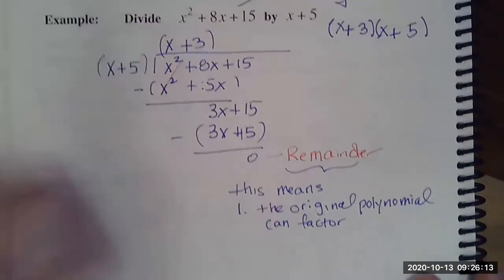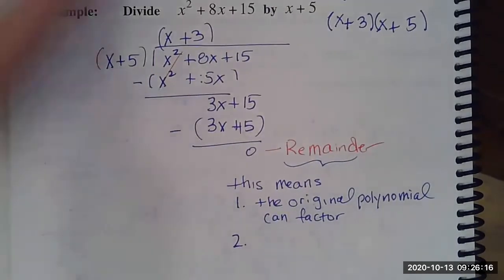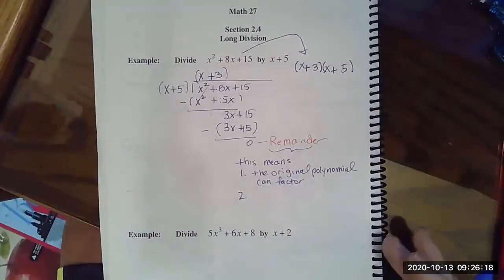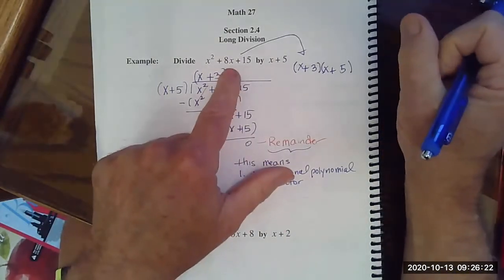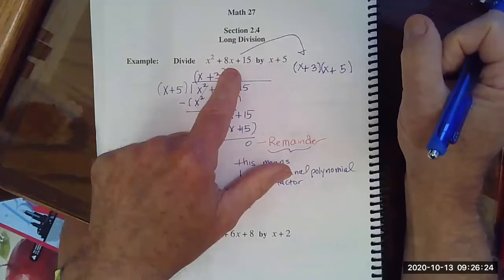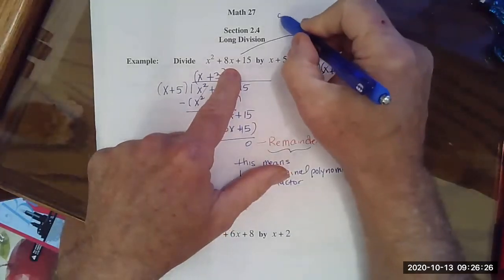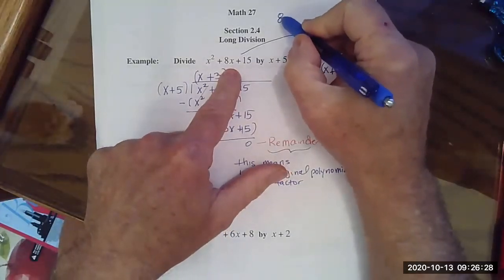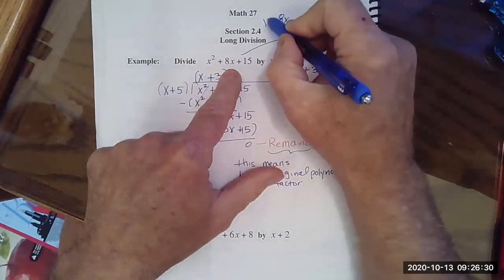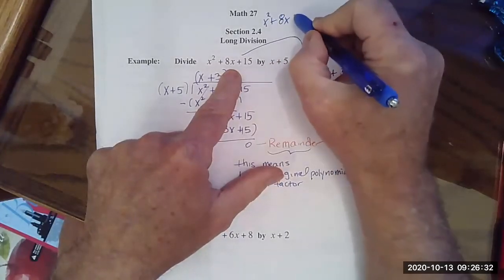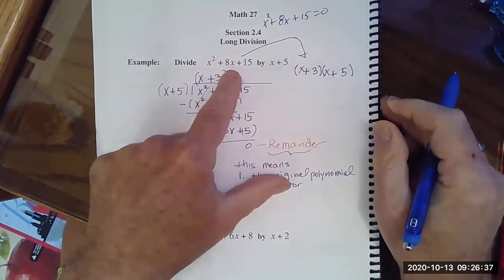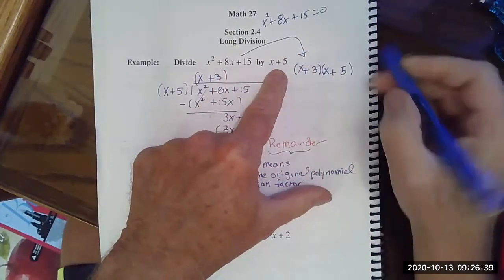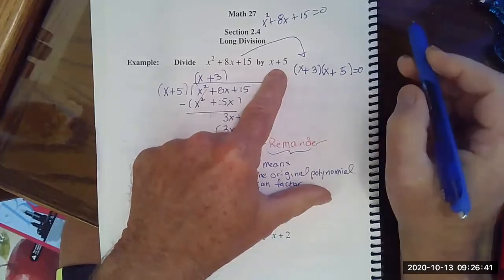The second thing that I'm eventually leading you to is if you set x squared plus 8x plus 15 equal to 0, and eventually we're going to do that, and you're asked to solve, then with this being a factor, of course, you set that equal to 0.